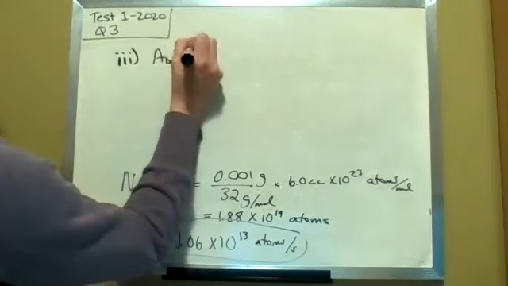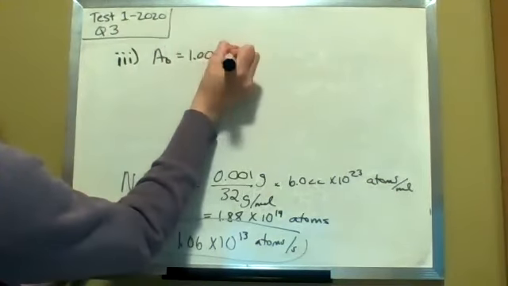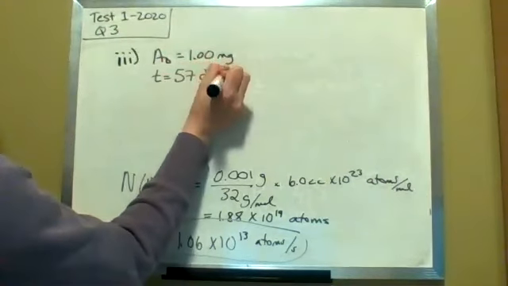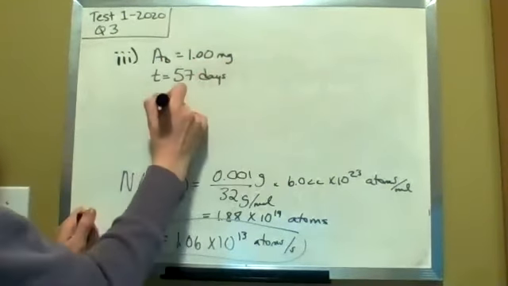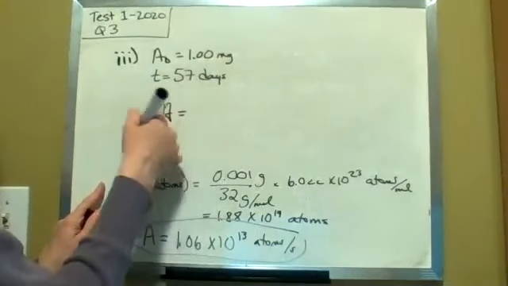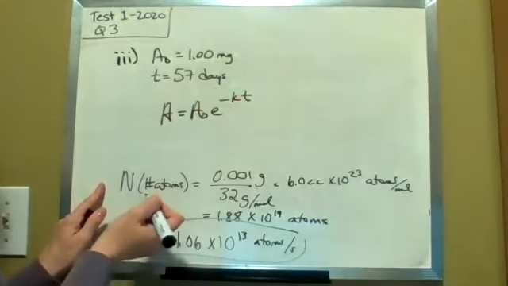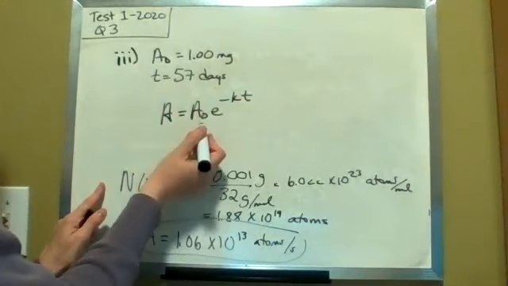So A naught, the amount we started with, our time is 57 days. Remember your equation, this is first order, so we can find out how much is left based on this equation right here. So A naught is 1 milligram.